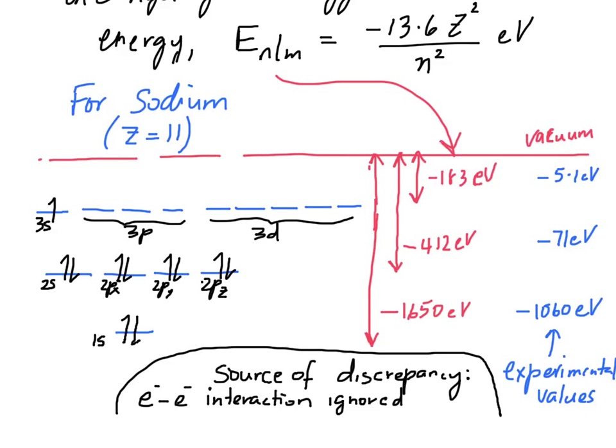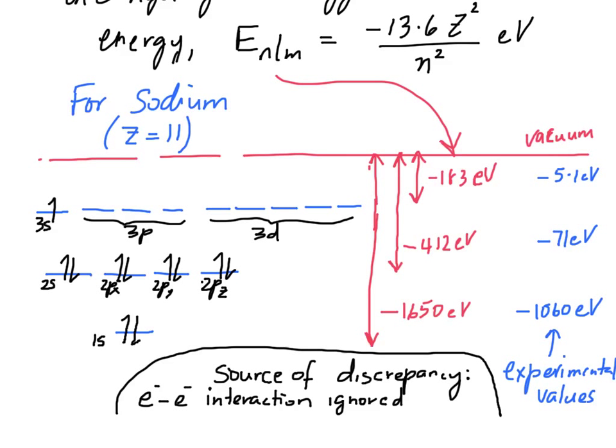Note that this electron is pretty high in energy compared to the 1s and the 2s, 2px, 2py, 2pz electrons, and it's the outermost electron, which means that this 3s electron is probably not seeing the full effect of the nuclear charge of 11e, because much of the nuclear charge is probably screened by the core electrons, by the 1s and the 2s, 2px, 2py, 2pz electrons. So it is almost as though our 3s electron is not seeing a nuclear charge of 11e, but something close to just e.